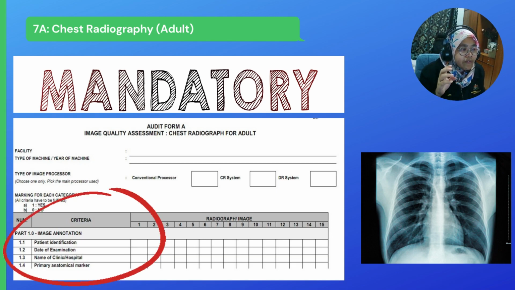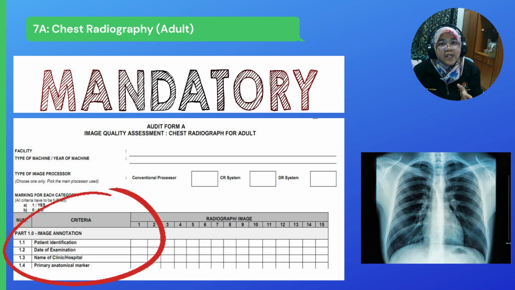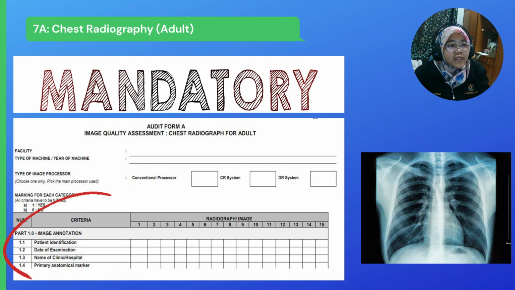Mandatory meaning that if the film or image have the patient identification, date of examination, name of clinic or hospital, primary anatomical marker, so it can proceed to the next three part. But if the image fail in the first part, so the next part no need to continue, and we will give them 0 marks, meaning that the image is fail to comply with the image quality assessment audit.